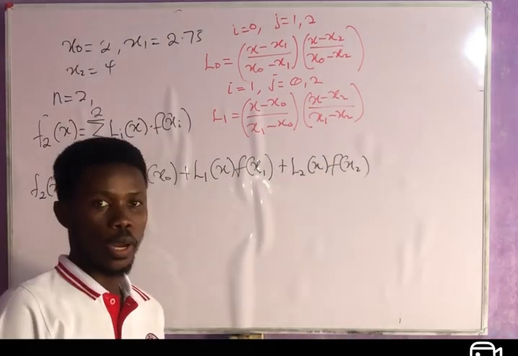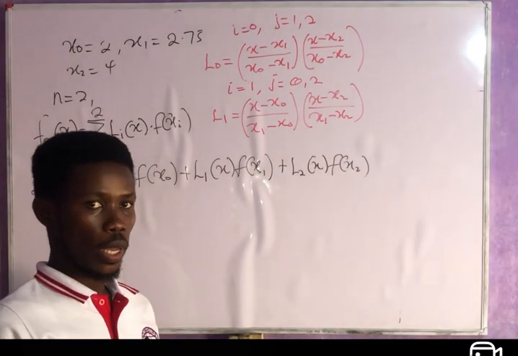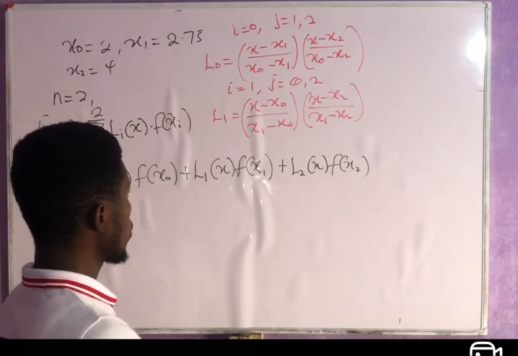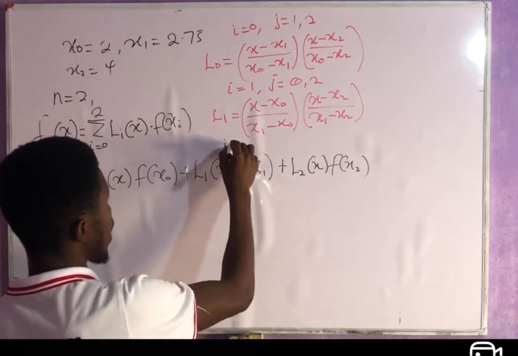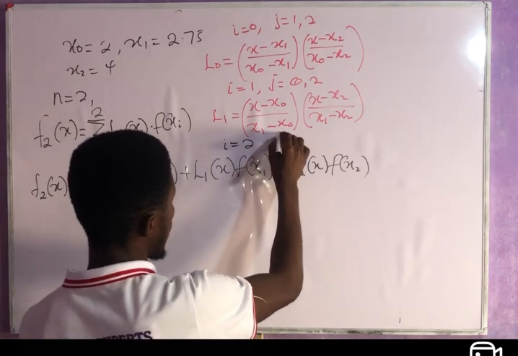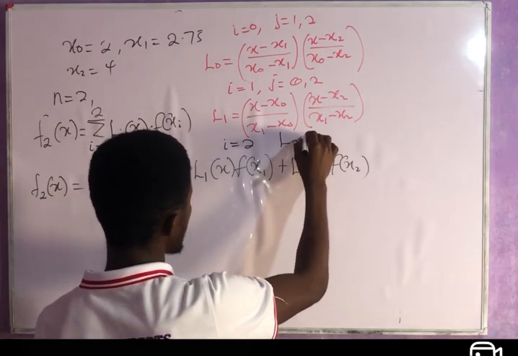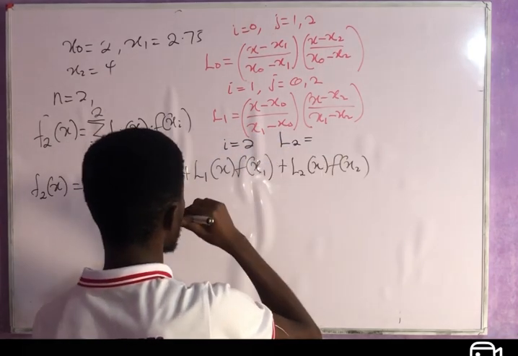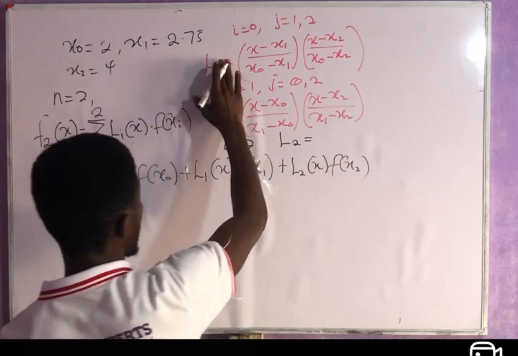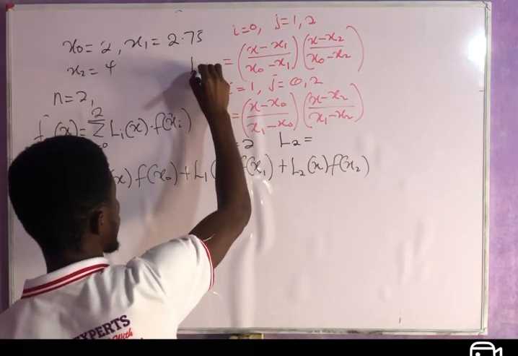Let me go to the last one, which is what? L2. That is when we have our i to be 2. So if i is 2, it means that our L2 is going to be, remember it's L0 of x. So let me bring it so that you don't become confused.